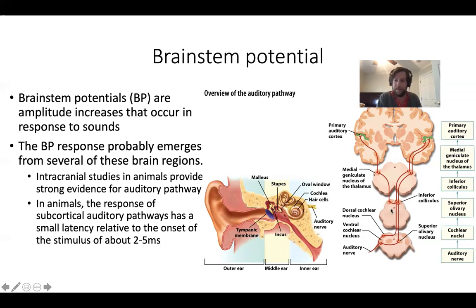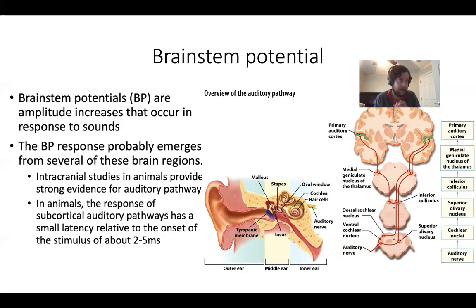And then there's an analogous thing for the visual system, which I don't have a diagram for. The information enters your eyes, and then the primary visual cortex is in the occipital lobe, which is back here. So for either modality, vision or hearing, the input enters, and then eventually it makes it to that first part of the cortex, either primary visual or primary auditory cortex.